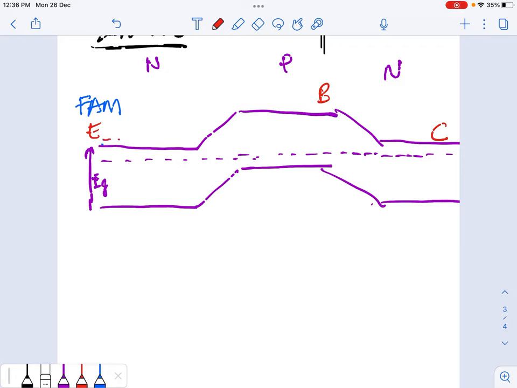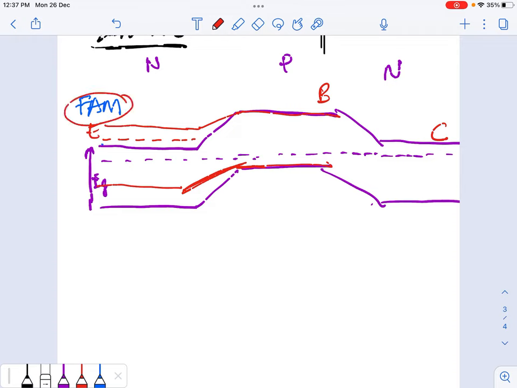Let's say red, the Fermi level is the red color now. It becomes like this, and then we just continue drawing like this. Now the N is higher, so we are forward biasing. The red line here is the forward active mode.